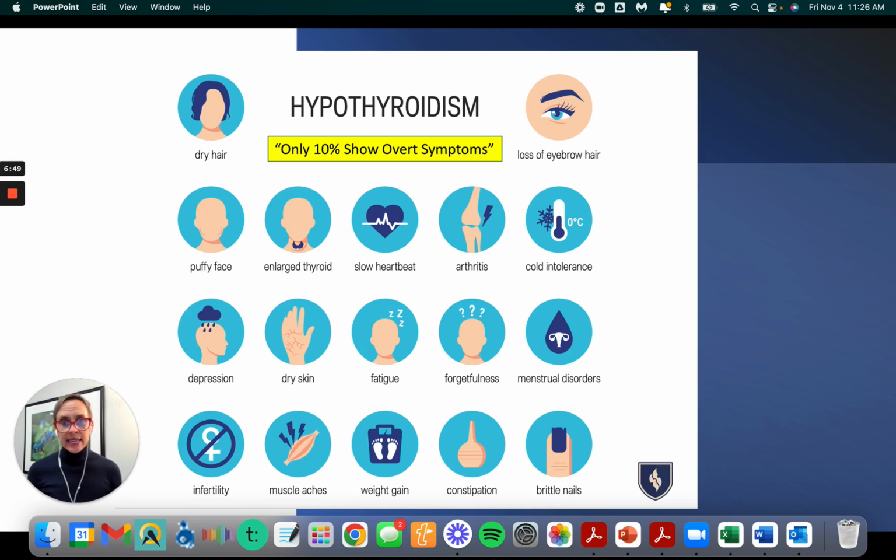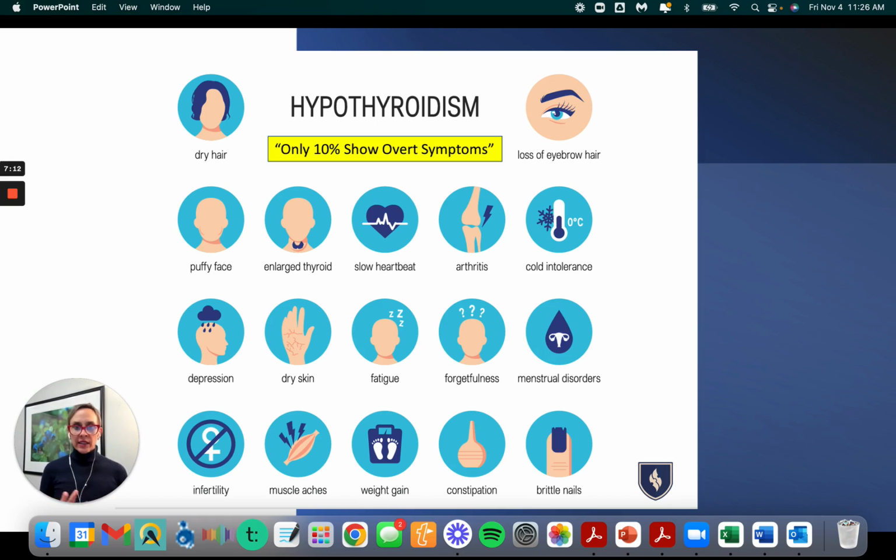As you can see, if you just take a look at that slide, every cell of the body is affected by thyroid dysfunction. And interestingly, up here, it says only 10% of the people that have hypothyroidism actually have overt symptoms.